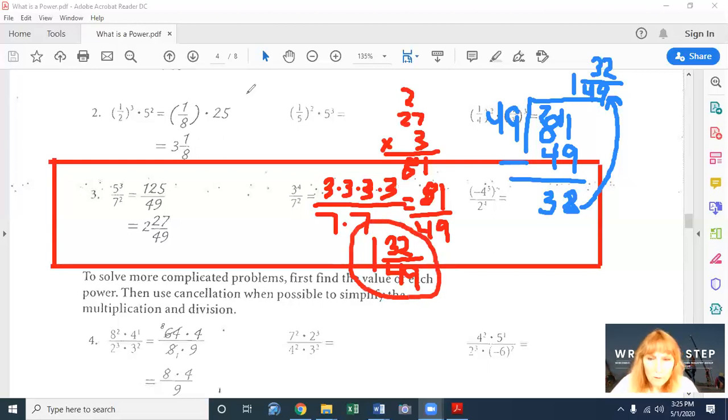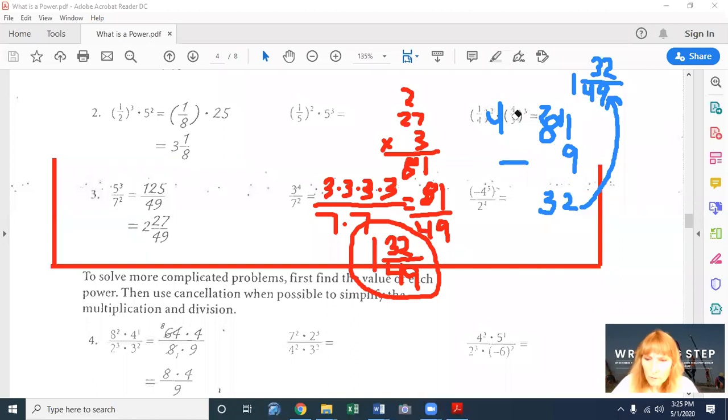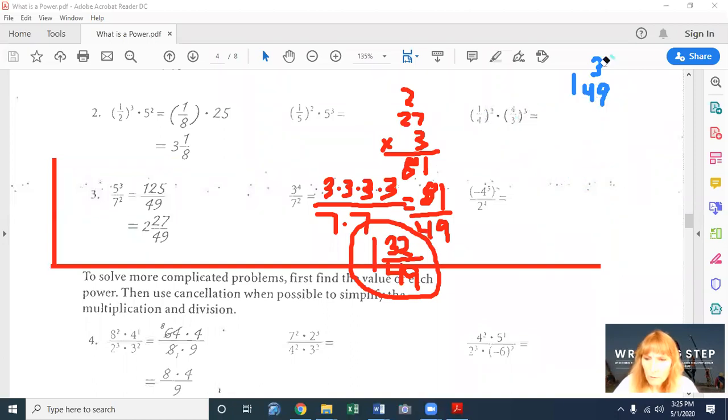And I'm going to get rid of this now because we need a little bit, erase some of my lines there. Okay, the last one here is negative 4 to the 3rd power over 2 to the 4th power. So negative 4 to the 3rd power is negative 4 times negative 4 times negative 4.